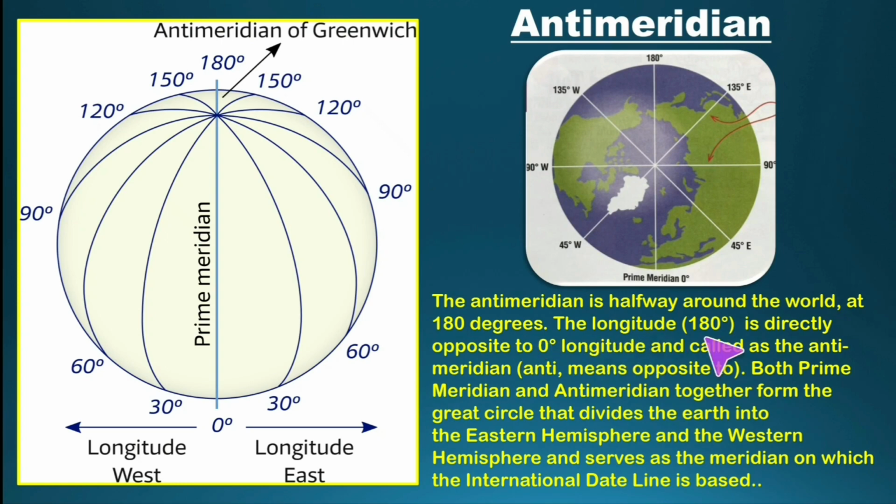The 180 degree longitude, directly opposite to 0 degree longitude, is called the anti-meridian. Anti means opposite to. Both the prime meridian and anti-meridian together form the great circle that divides the earth into the eastern hemisphere and the western hemisphere, and serve as the meridian on which the international date line is based.